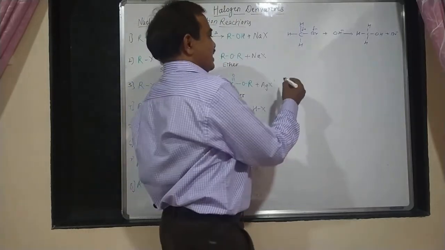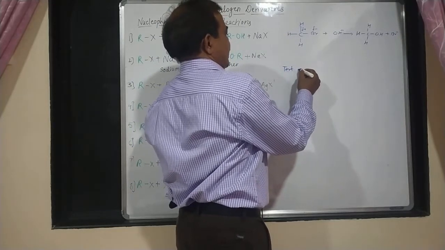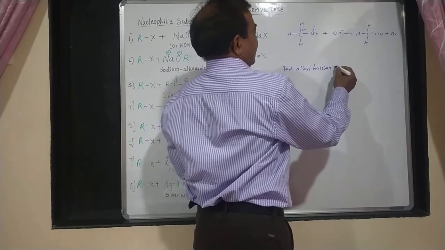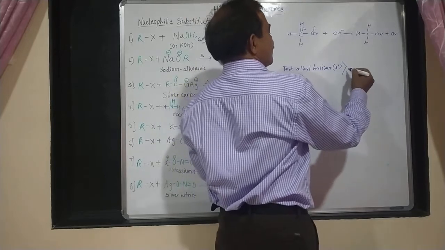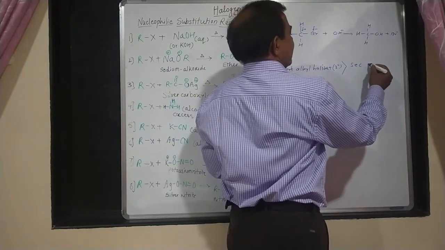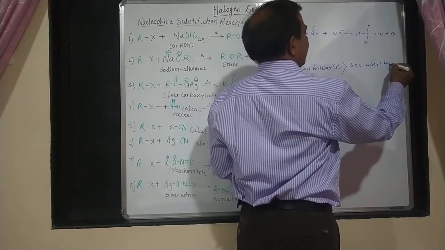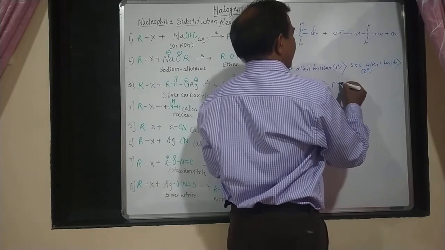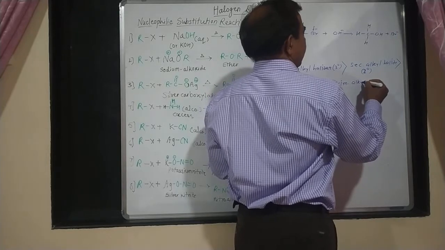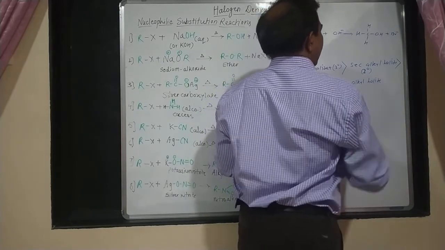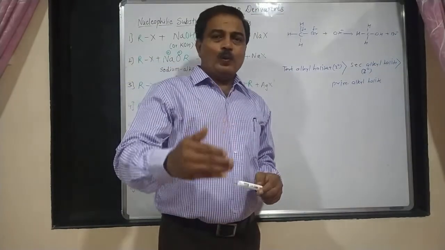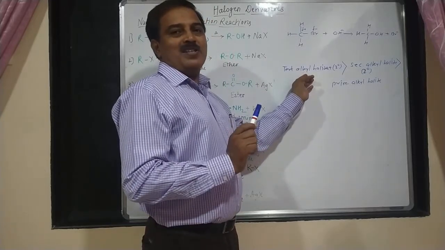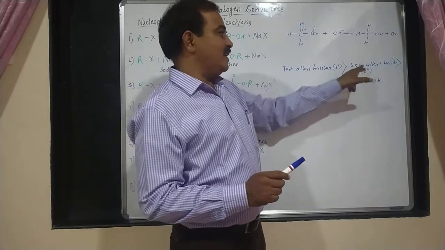The rate of nucleophilic substitution for tertiary alkyl halides will be greater than secondary alkyl halides, which is again greater than primary alkyl halides. So the tertiary alkyl halide will undergo a faster nucleophilic substitution reaction than secondary, and then primary.